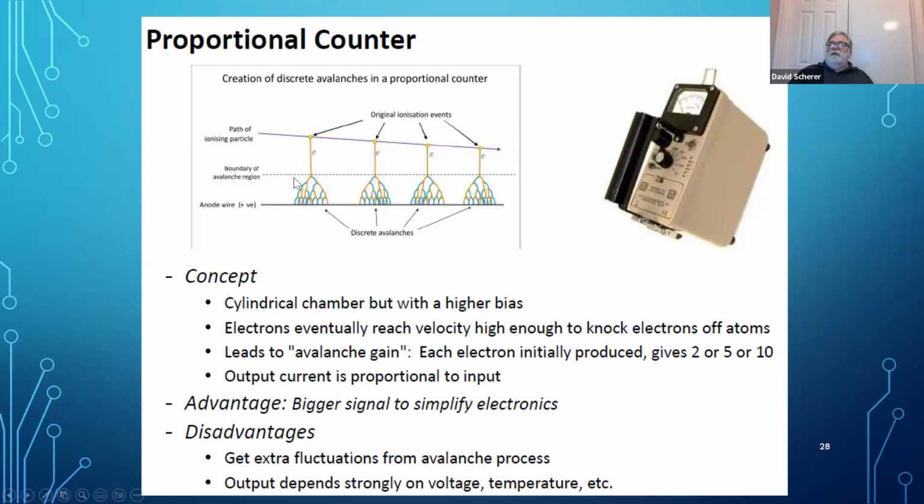And so you can see that the amount of amplification is going to be the same no matter where the event takes place. Even with the amplification, you're able to detect individual events in a proportional counter.